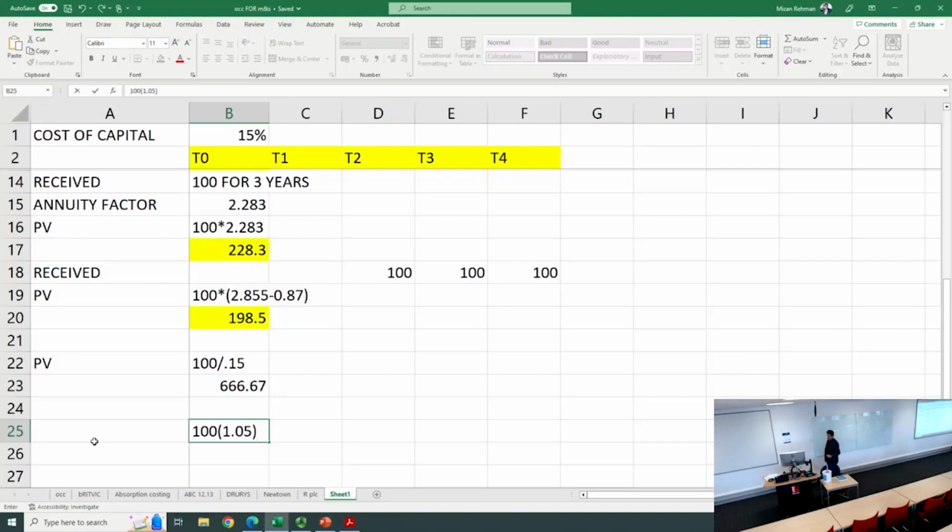divided by the cost of capital, which is 0.15. But this too needs to be adjusted for the rate of growth, so we take away the growth value.